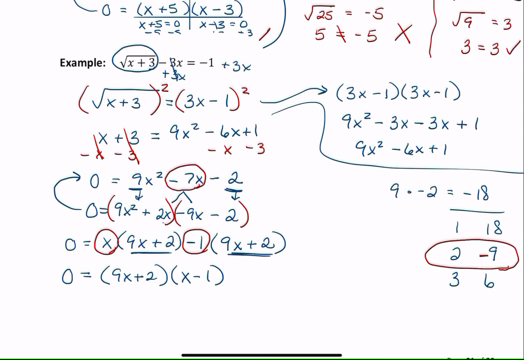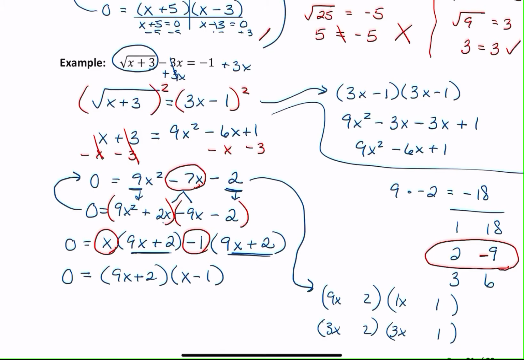You can also guess and check. As far as factors of 9, you could do 9x and 1x and 2 and 1, or 3x and 3x and 2 and 1, and just switch those around until you got the correct 2 linear factors.